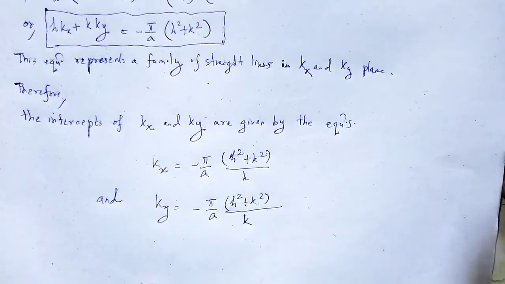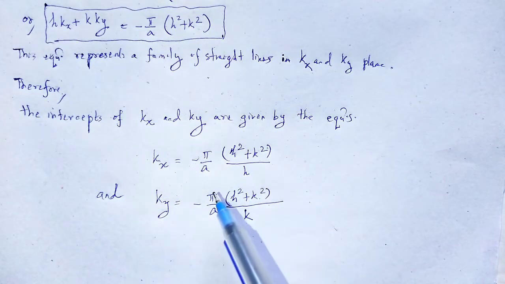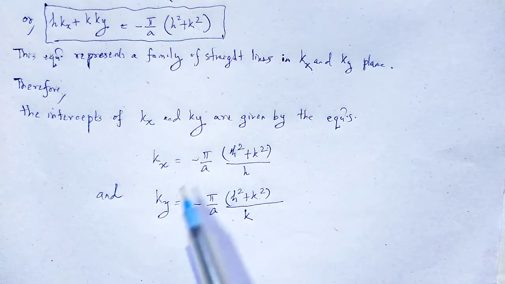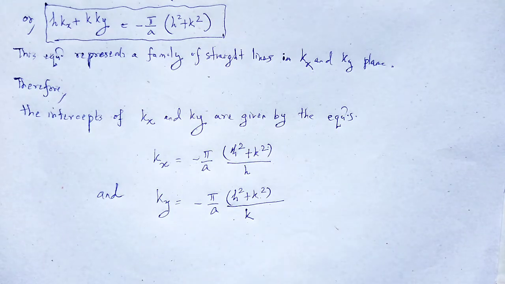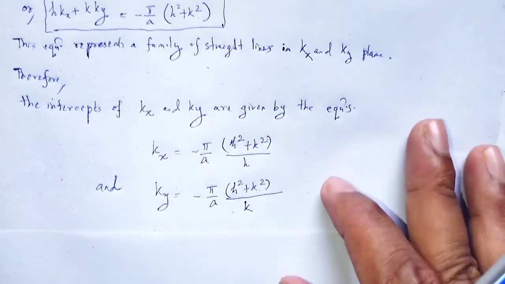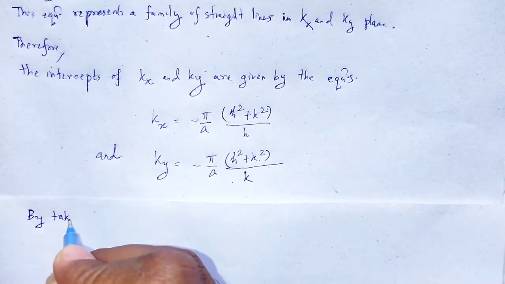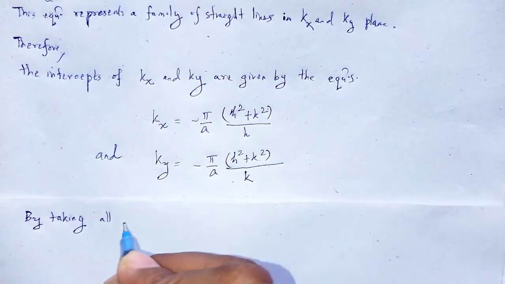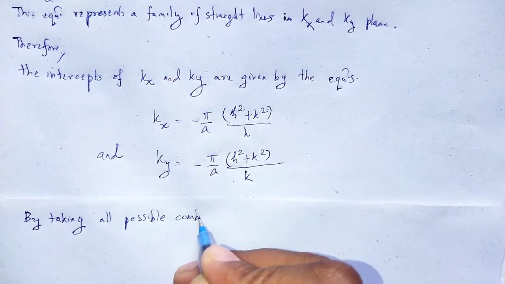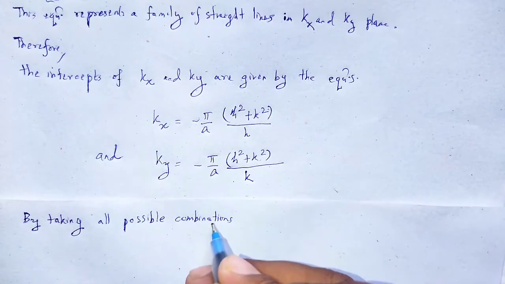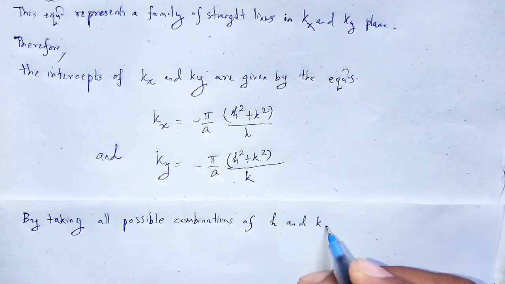Now we have to choose the respective values, and by choosing the respective values we can construct the Brillouin zone for a simple square lattice having side A, by taking all possible combinations of h and k.